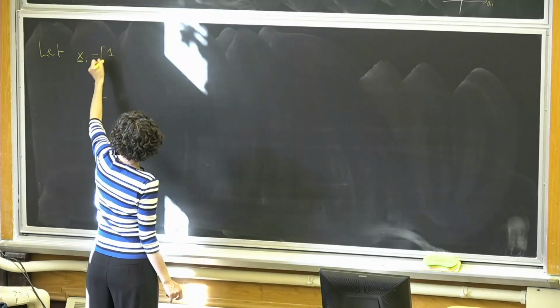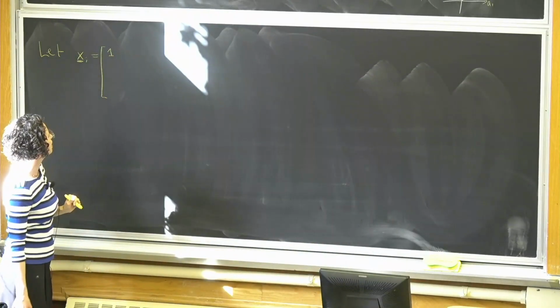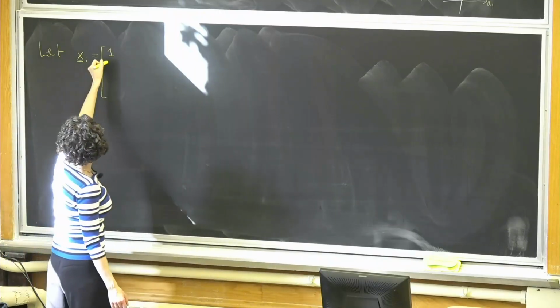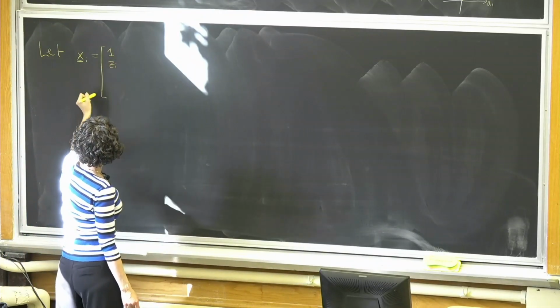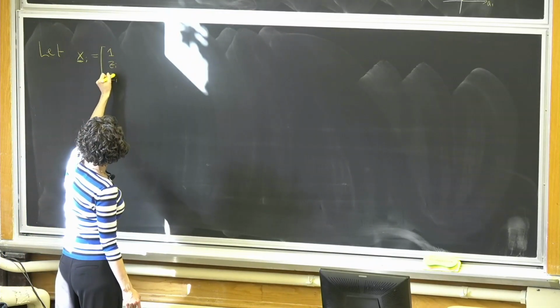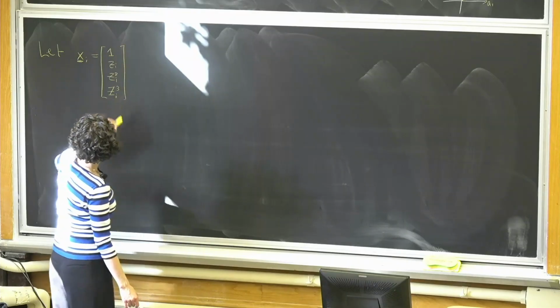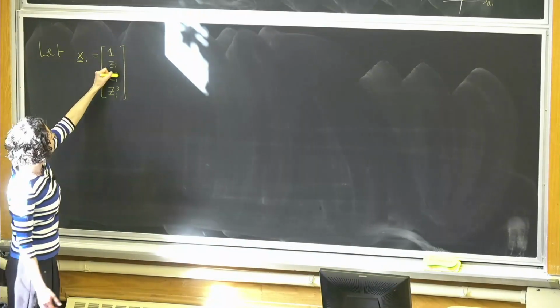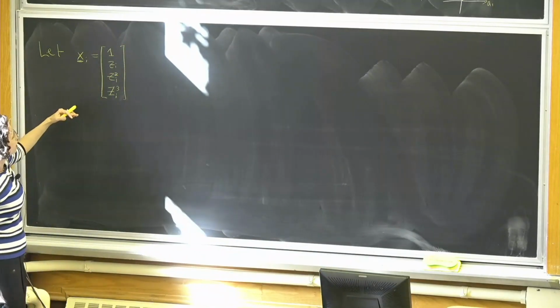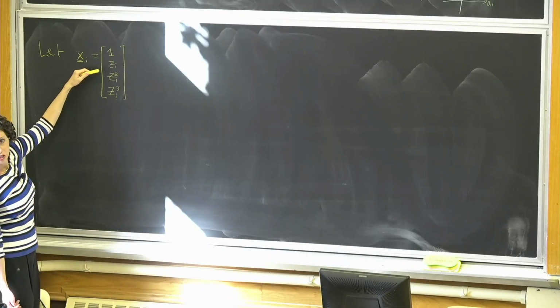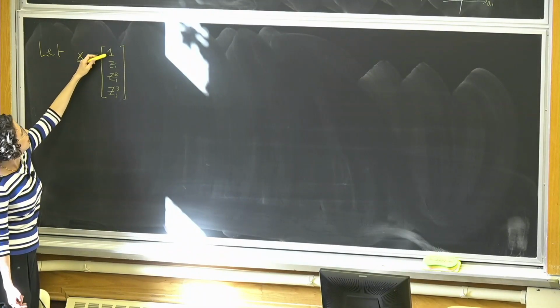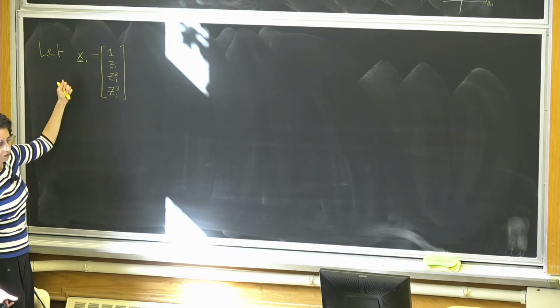I'm going to have the first entry be 1, the next one be zi, the next one be zi squared, and the last one be zi cubed. So I'm taking a single measurement, zi, and transforming it into a vector by looking at different powers of that zi. And so now I've got a feature vector.